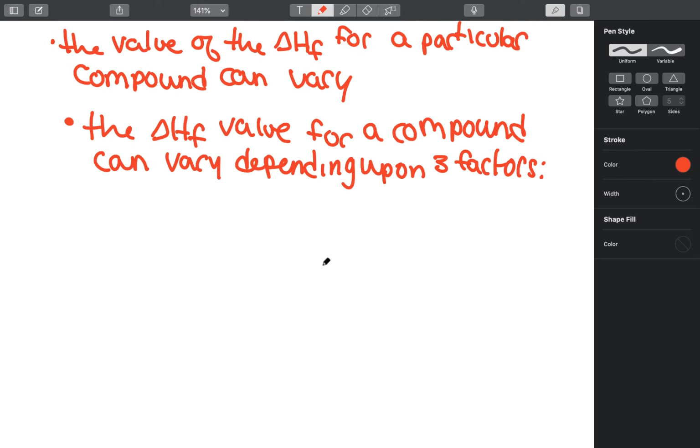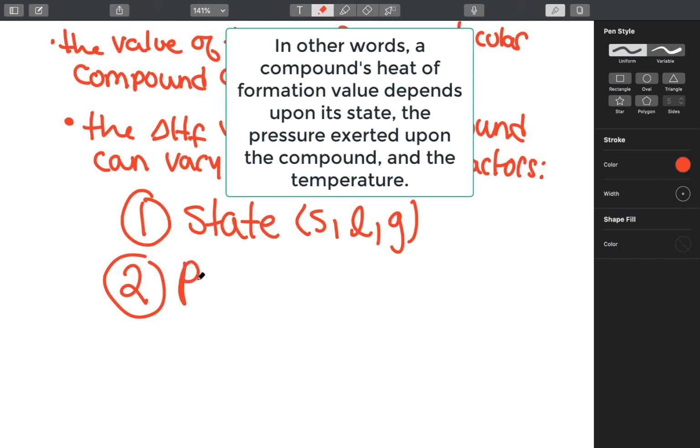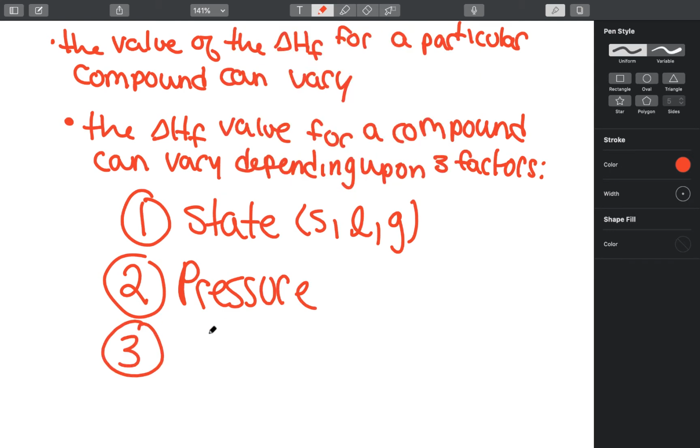These three factors are the state of the compound, so in other words, whether it is a solid, liquid, or gas. So the heat of formation for water can vary depending on whether it's in solid, liquid, or gas form. The second is the pressure exerted upon the compound, and the third is the temperature.